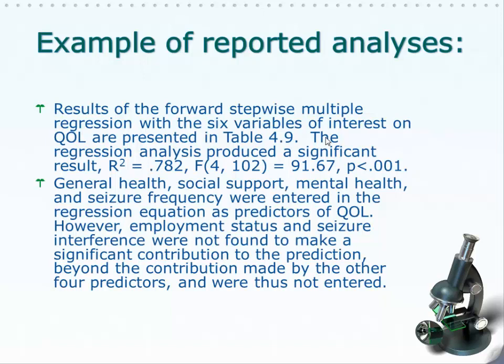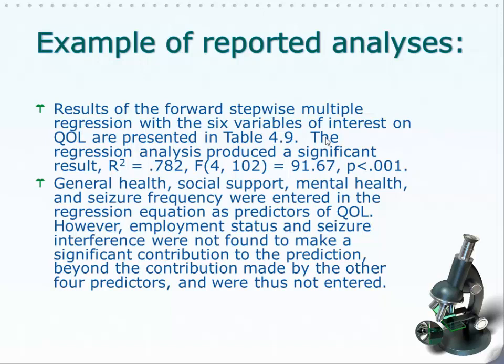General health, social support, mental health, and seizure frequency were found to be important predictors. The other 2 variables, employment status and seizure interference, were not found to make a significant contribution. So for those 2 variables, you would see a beta that was very low because they were not important predictors of quality of life.